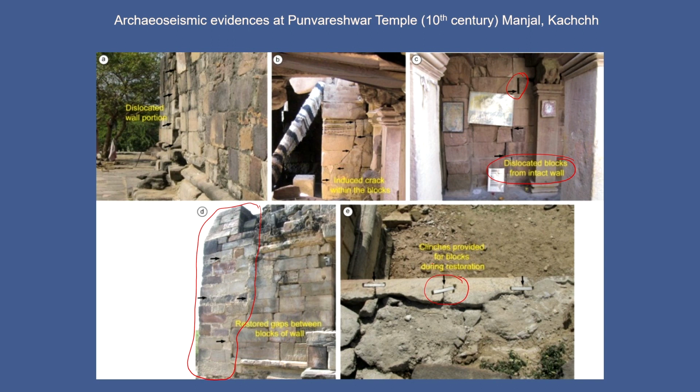So these glitches were provided so that it can remain together and should not get displaced during the earthquake. And then also we were looking at the evidence of the diagonal cracks which could develop because of strong ground shaking, and we saw these signatures in some examples from Europe as well as from Kashmir temples. So this was also very well identified.